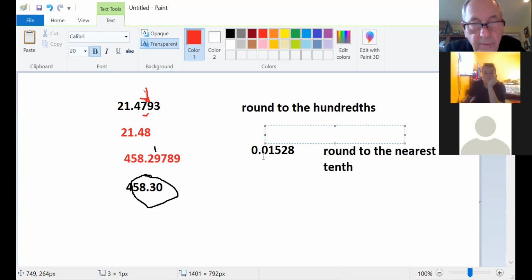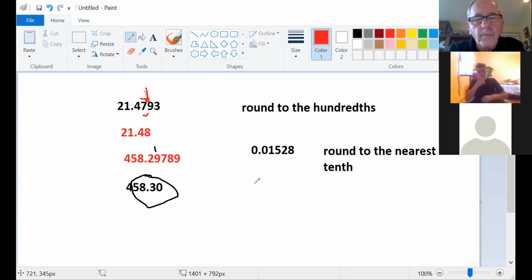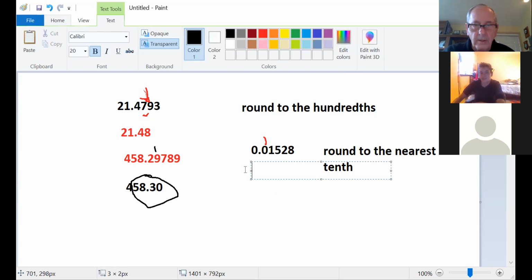So if I want to round this to this, what do I do? 0.02, right? Nope, that would be rounded to the nearest hundredths. Oh yes, sorry. What's the answer going to be? 0.0. Yep, exactly. It might not be intuitive, but that's exactly what it is. 0.0 would be rounded to the nearest tenth.